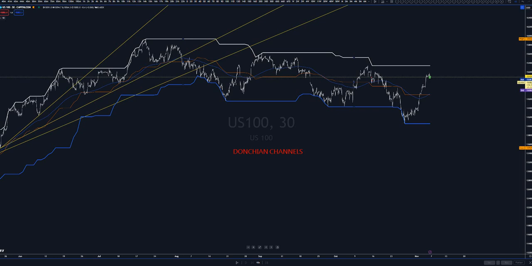The third method is to use the so-called Donchian channels or turtle trading. Donchian channels are traditionally a breakout trading system, but with very high profitability, but also very high losing ratio.